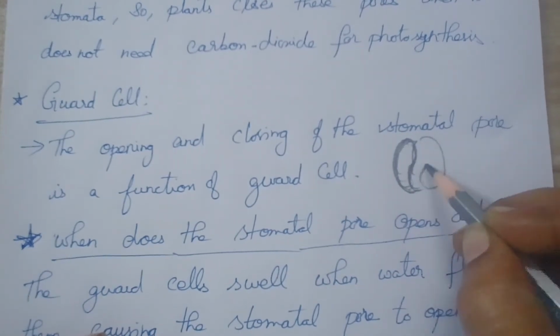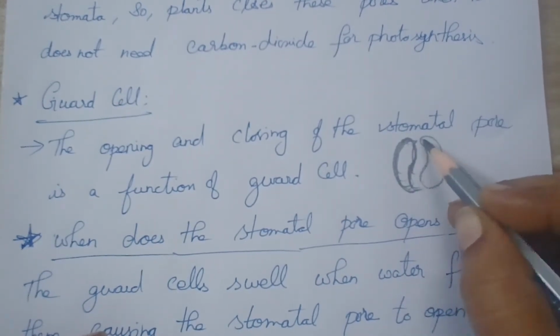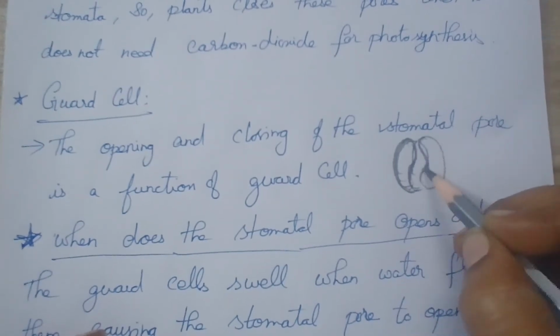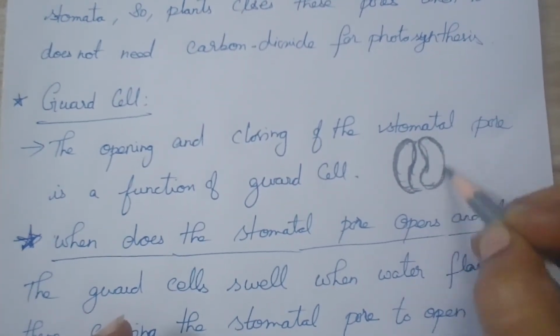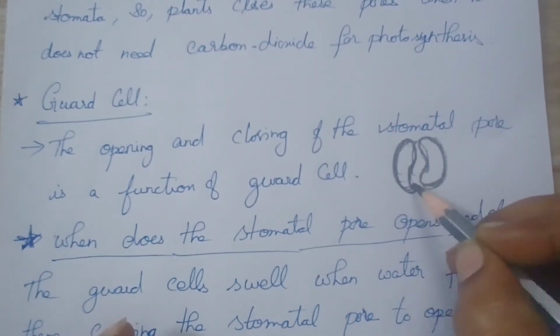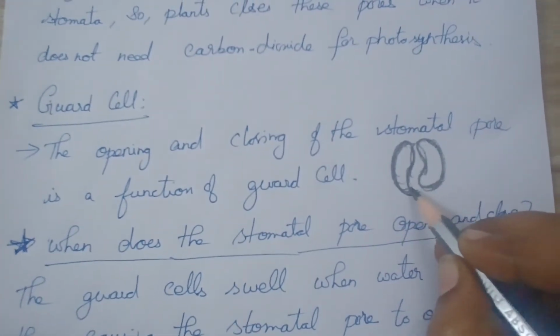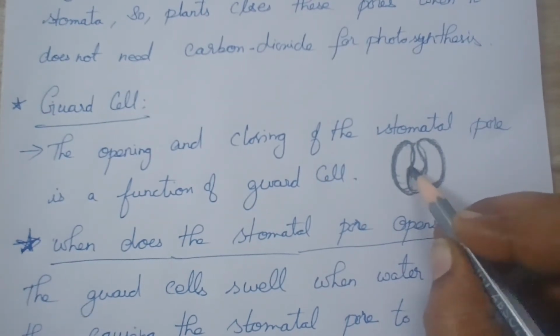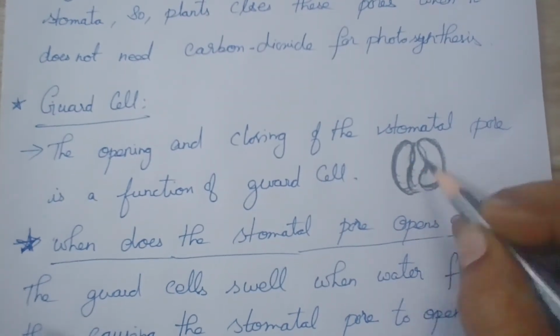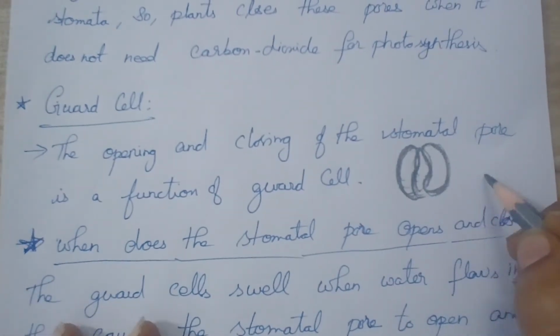So this is your guard cell. Once it swells, this side is a thick layer, so it cannot expand or swell. So what will happen at that time? This will expand and it will open the pore. When it shrinks, it will close.